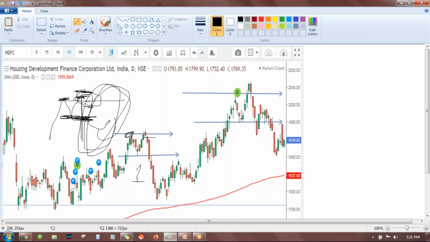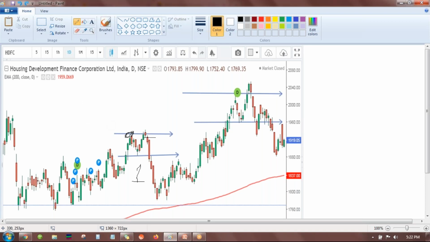But if we don't get a breakout and the price fails to give a breakout on a double top, we are at least able to capture 1:1.2, 1:1.5, or 1:2. So that's why this strategy is very good. Your risk reward ratio is very high on this trade.